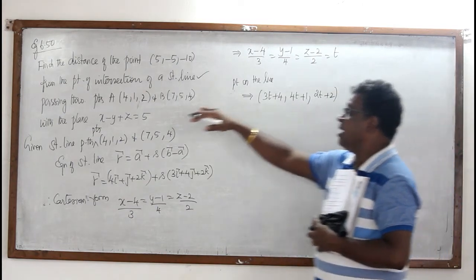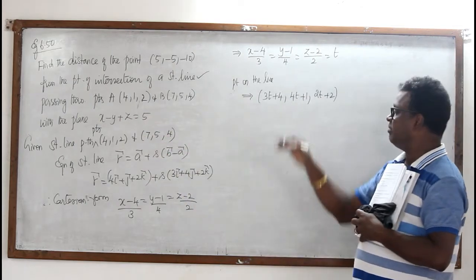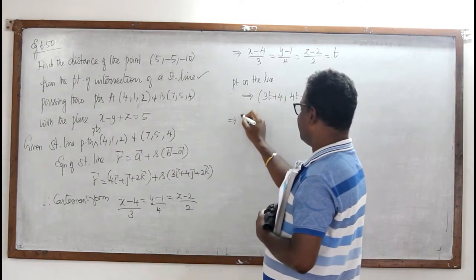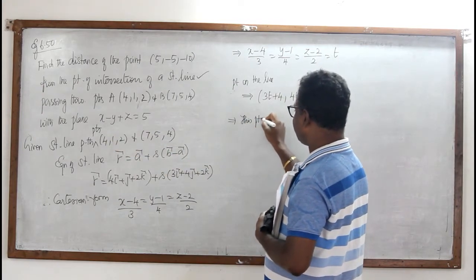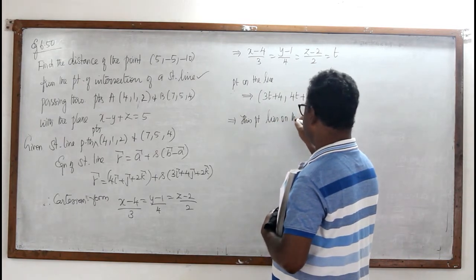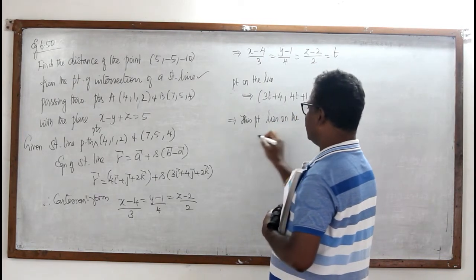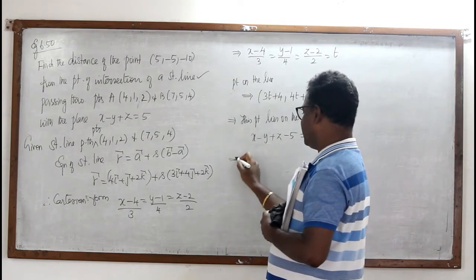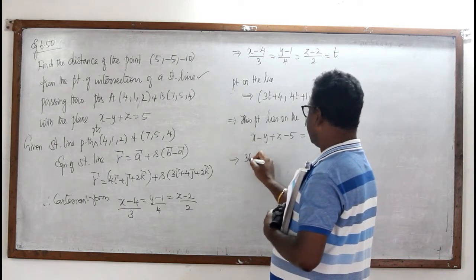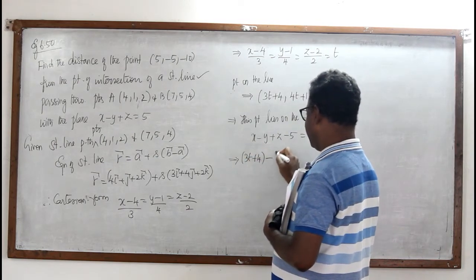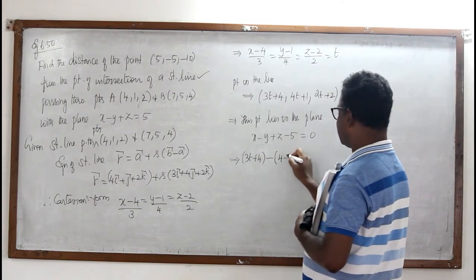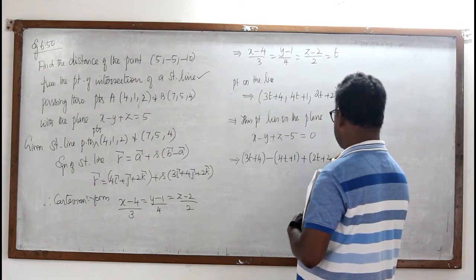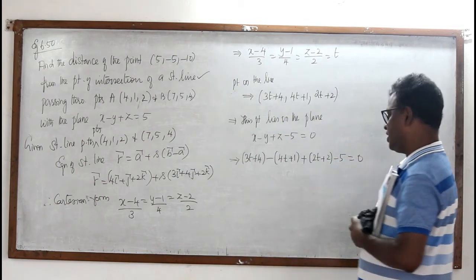But this line and this plane are intersecting. That means this point will be lying on this plane, isn't it? This implies this point lies on the plane. What is the plane? x minus y plus z minus 5 equal to 0. Then instead of x, 3t plus 4, minus instead of y, 4t plus 1, plus instead of z, 2t plus 2, minus 5 equal to 0.